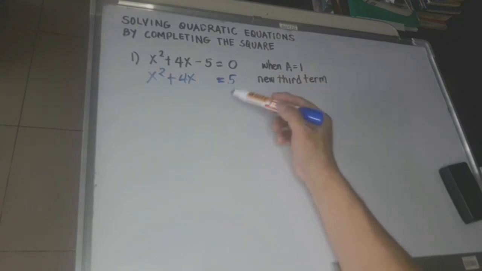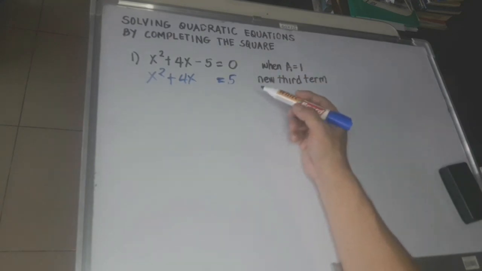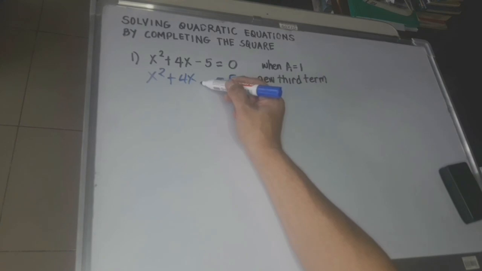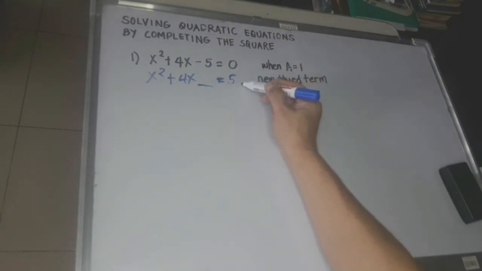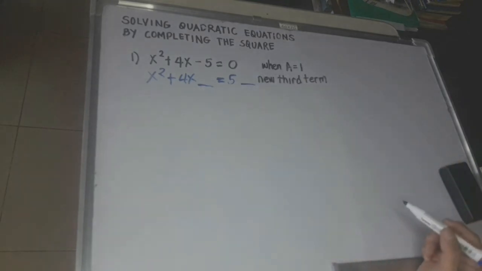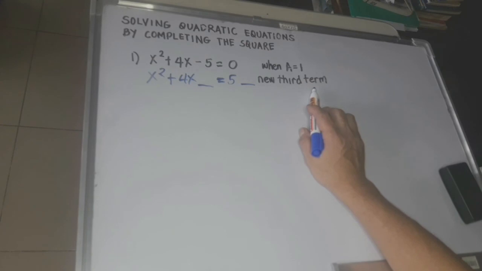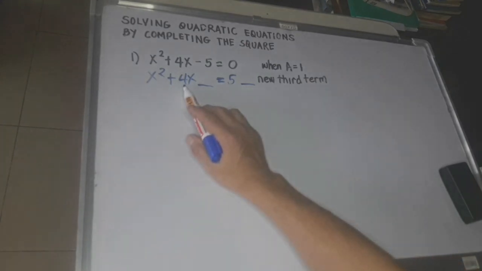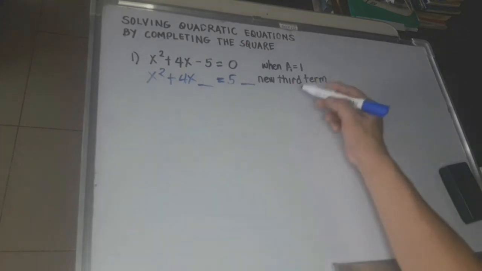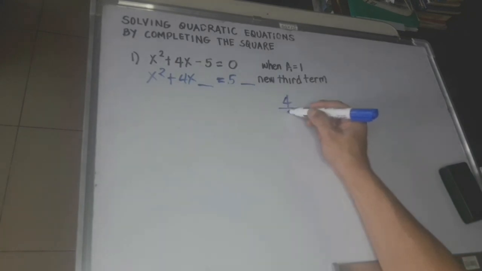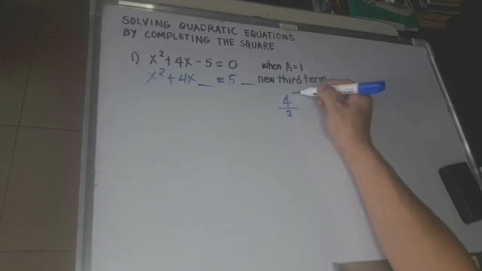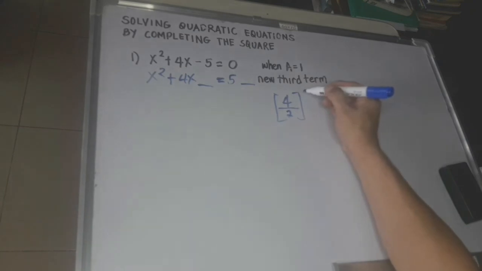So we will look for a new third term. The new third term is placed here and also placed here. The new third term is the numerical coefficient of the second term, divided by 2, then quantity squared.